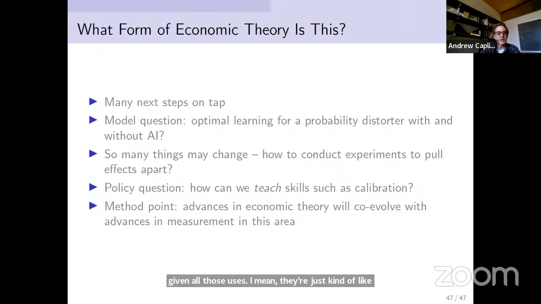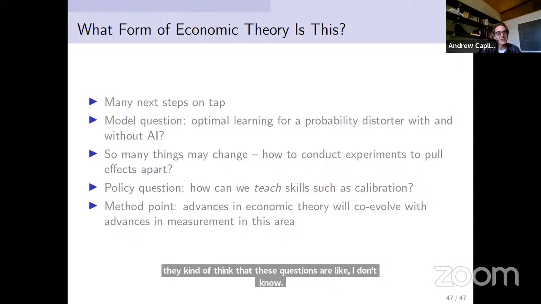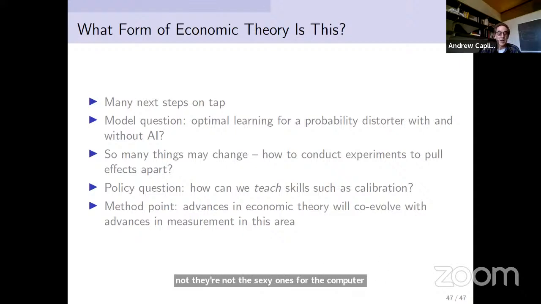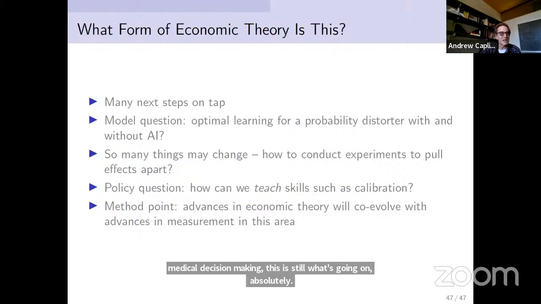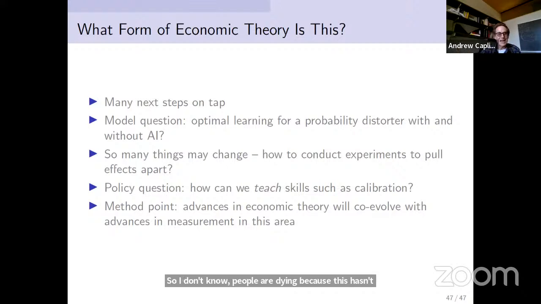By the way, my bigger answer to getting actual people in machine learning engaged is that they're busy on unsupervised learning and developing large language models and video training. And they kind of think that these questions are not the sexy ones for the computer scientists right now. But for medical decision making, this is still what's going on, absolutely. People are dying because this hasn't been done properly.